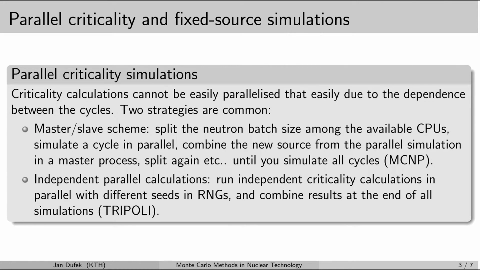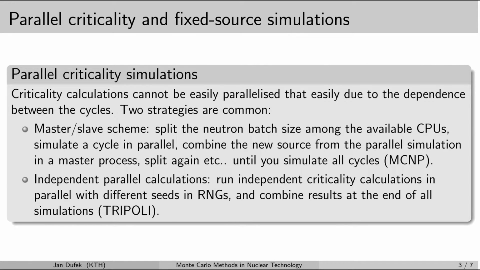In this strategy, we have a master CPU or a master process, and then we have a number of slave processes. So if we have 1000 processors, then we may allocate one processor to the master process and 999 processors to the slave processes.